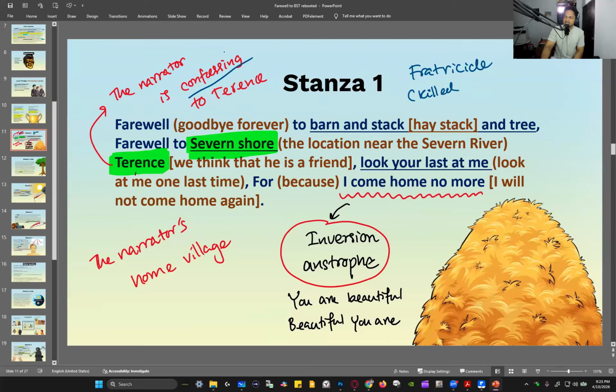The narrator has killed his brother. What is the name of the brother? Maurice. What kind of a background does the narrator come from? It is a simple background, right? It is a simple life outlined by a farming landscape.